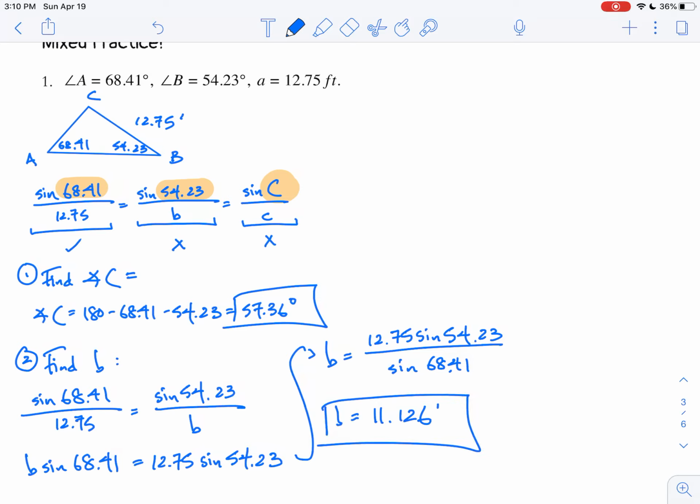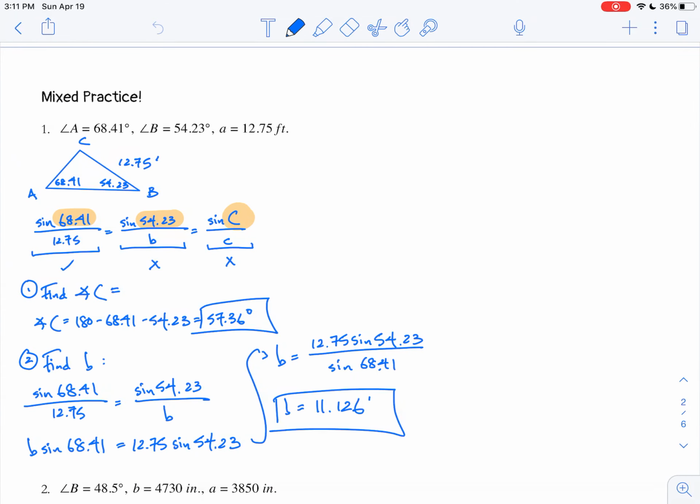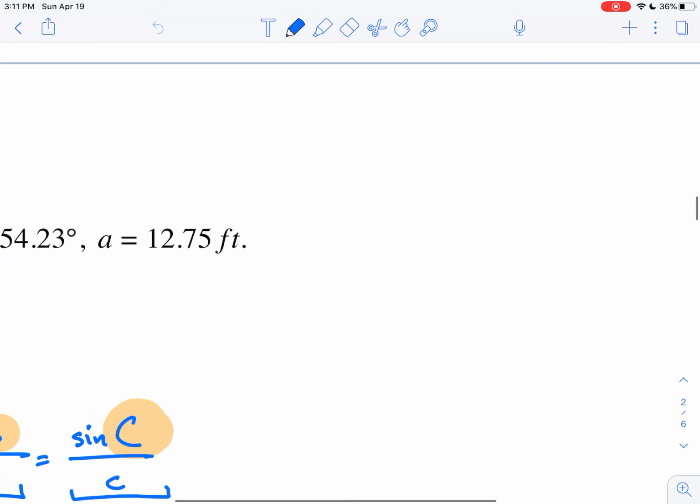Okay? All right, one more side to find. We're going to go ahead and find little c. So let's put that off to the side over here. So here we go.